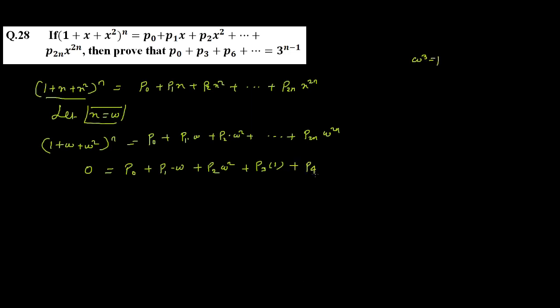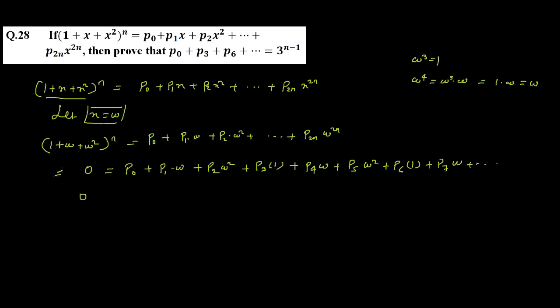Next one, p4 omega power 4. So instead of writing omega power 4, I can write omega cube into omega. Omega cube is 1, so 1 into omega, that is omega. Similarly, p5 omega square, p6 omega cube, but no need to write omega cube, that is 1. p7 again omega, it will continue.